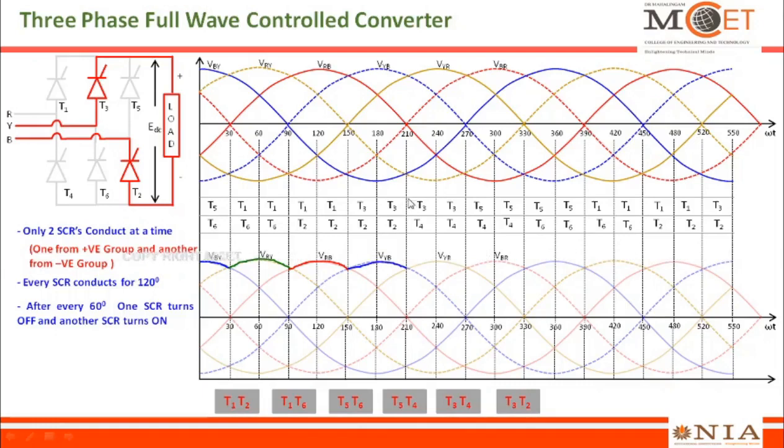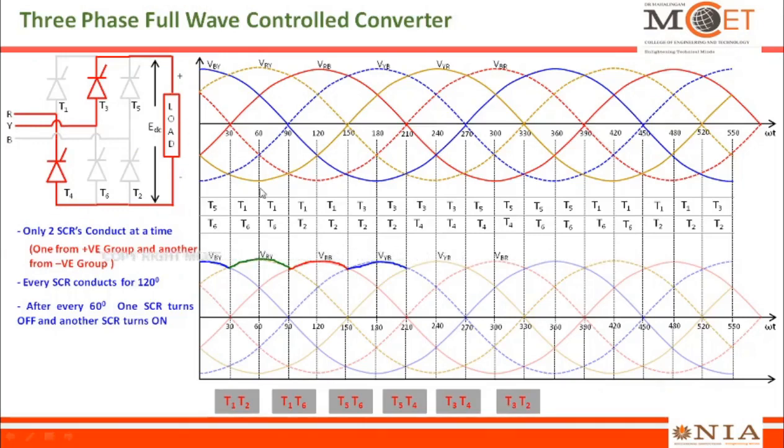From this instant, that is omega t equal to 210 to 270, T3 and T4 are in on condition. So let us see what is happening when T3 and T4 are in on condition by pressing this button. Once T3 and T4 are in on condition, the positive of the load is connected to Vy and the negative of the load is connected to Vr.